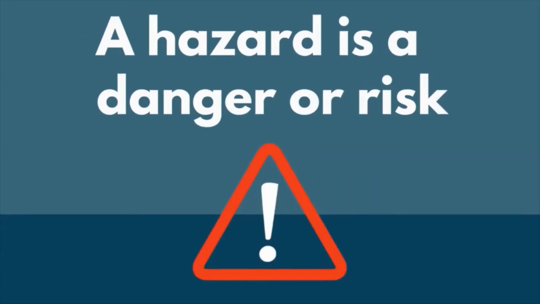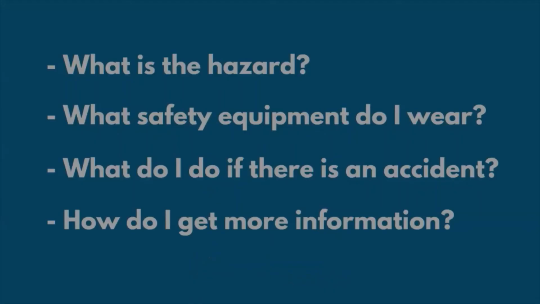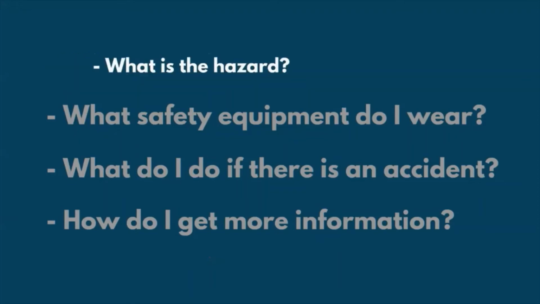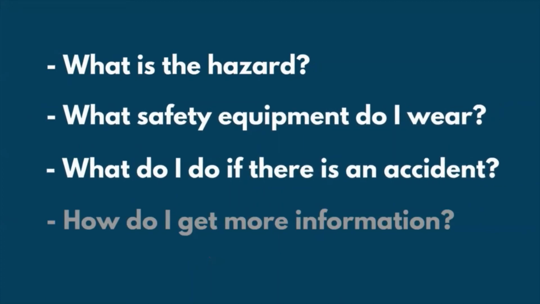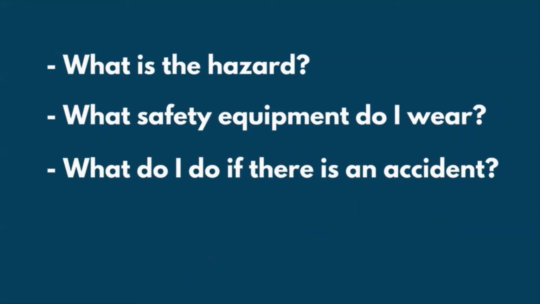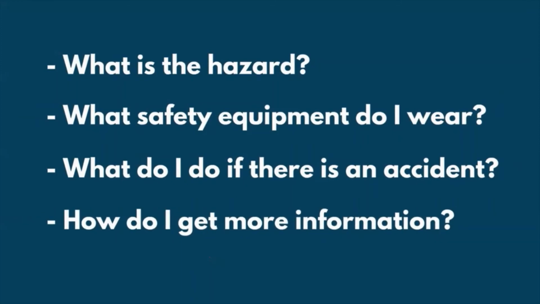There are many products at work that are hazardous. You must be careful when using hazardous products. If you must use a hazardous product at work, there are 4 questions to ask. What is the hazard? What safety equipment do I wear? What do I do if there is an accident? How do I get more information?